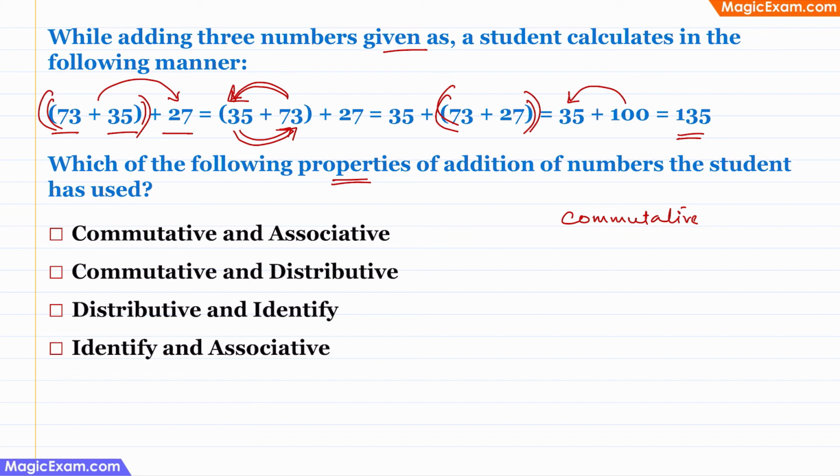So he is making use of the associative property of addition of numbers. So he is using commutative first and then associative. So when we look at the answer choices, commutative and associative, this is the correct answer.